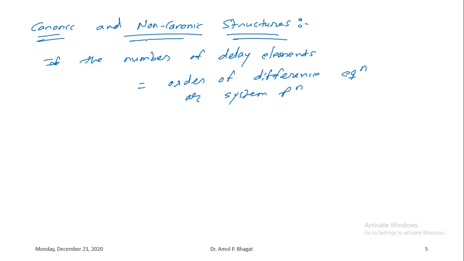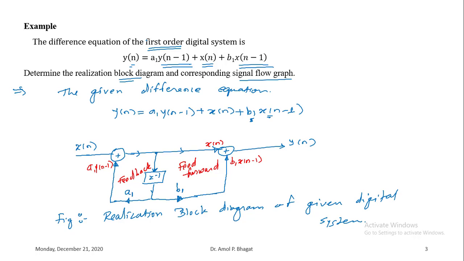Just for example, we have just realized this difference equation. So this was the first order difference equation, and in its realization structure we have used only a single delay element. As you can see, we could also use two delay elements separately here, but here we have used only a single delay element, right?